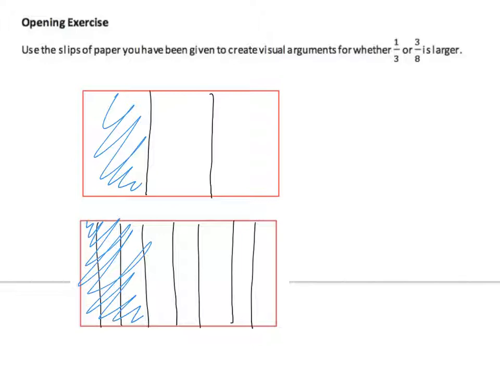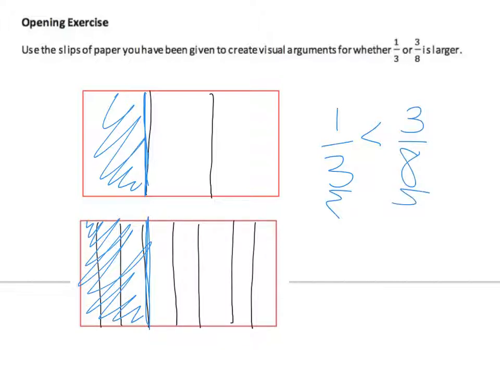Okay, sort of hard to figure, but which one is larger, the 1/3 or the 3/8? Technically, 1/3 is going to be smaller than 3/8. But it's sort of hard to figure out which one's which when your denominators are not the same.